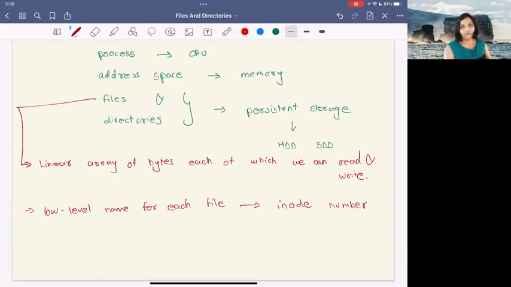We would be using the term inode number in this lecture, so you know what we mean when we say inode number.